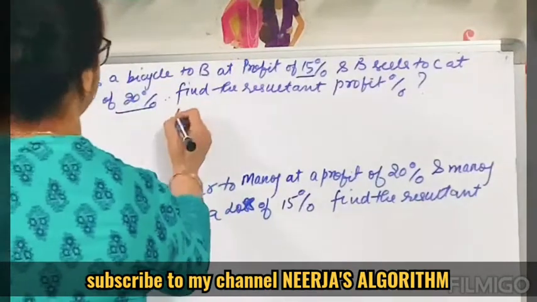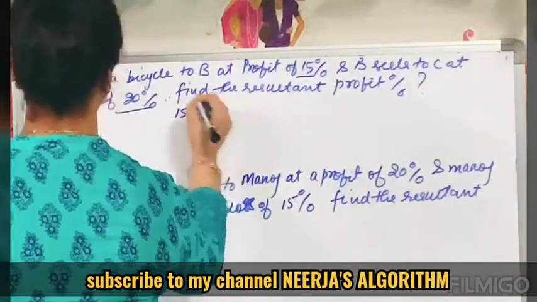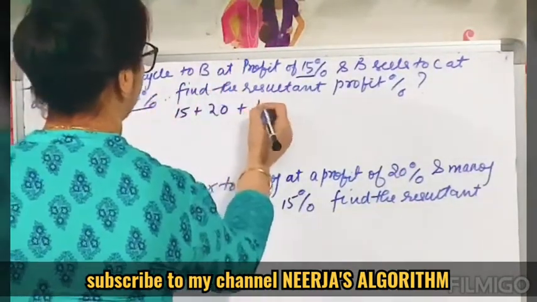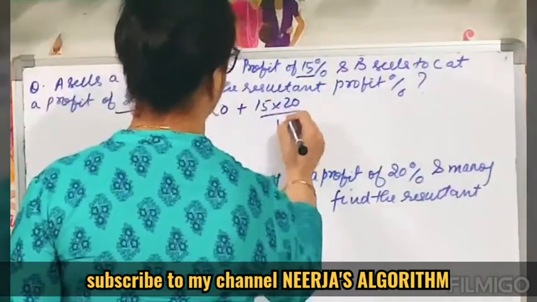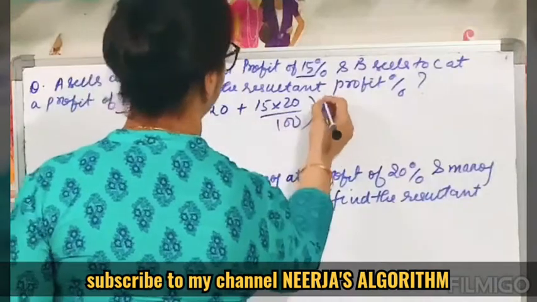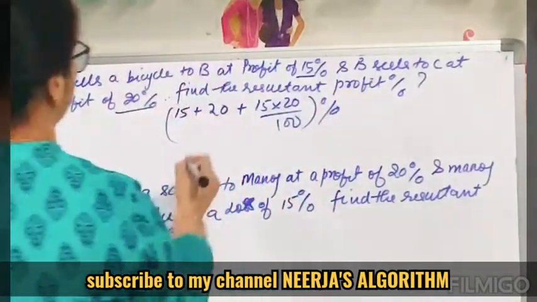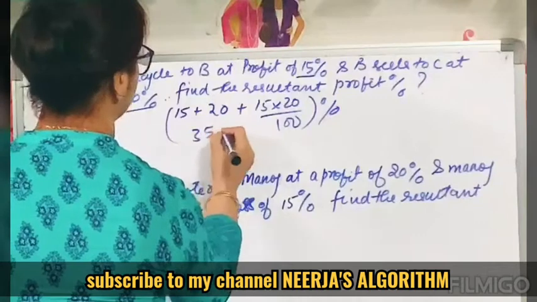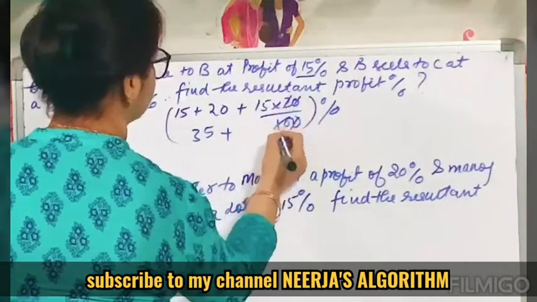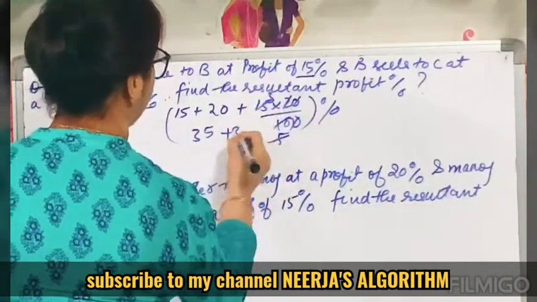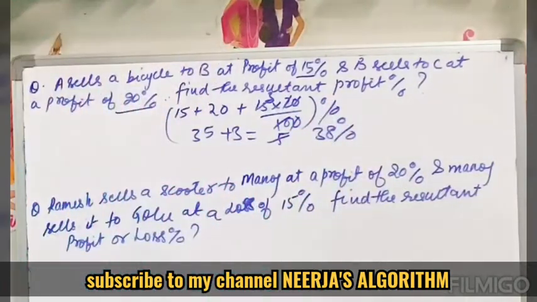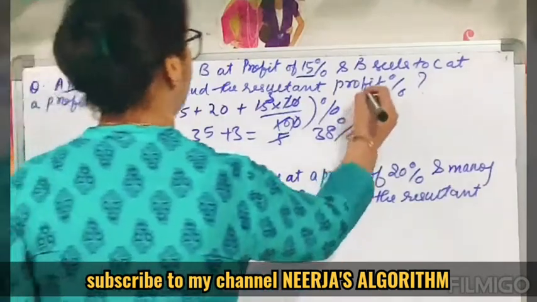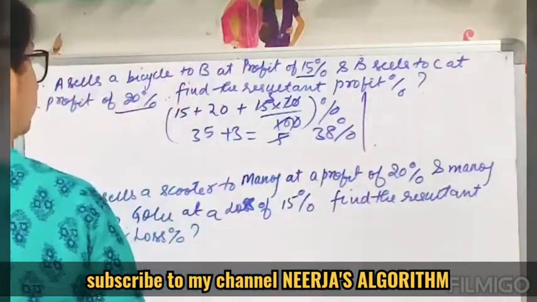See here, the answer will be 15 plus 20 plus 15 into 20 by 100, make it a percentage. Now it becomes 15 plus 20 is 35. 0 and 0 cancel, 5 and 3. I got my answer in 5 seconds. 38% is the answer.